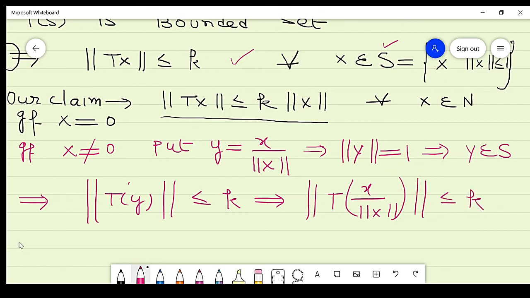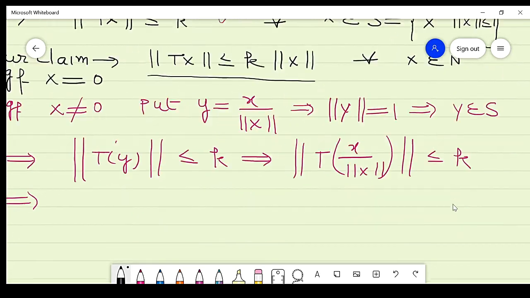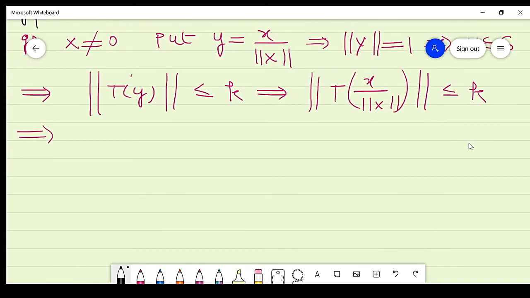Now again, 1 by norm of x is taken as alpha. Since T is a linear transformation, alpha into Tx is equal to T of alpha x.